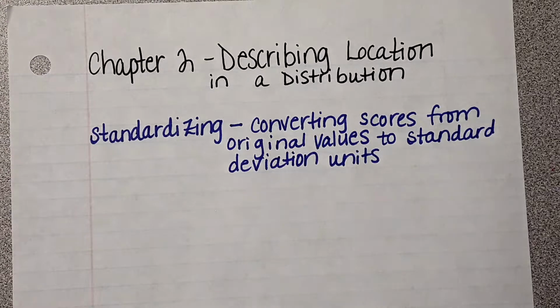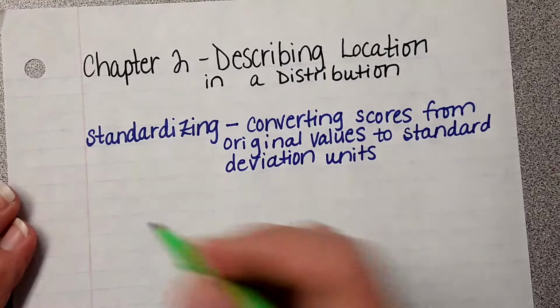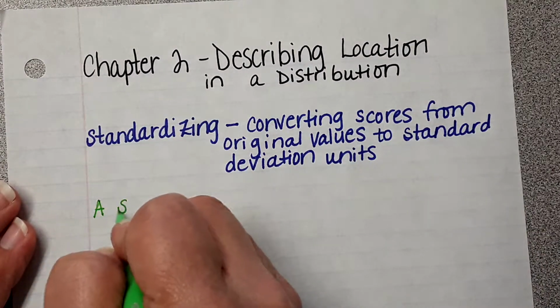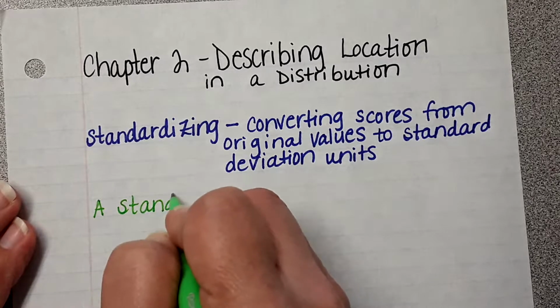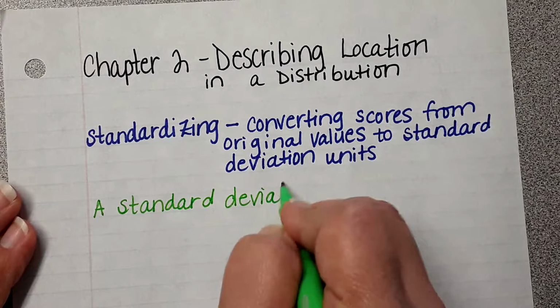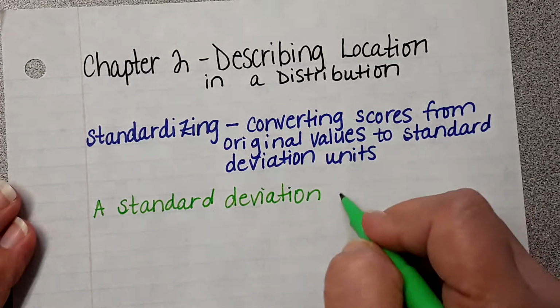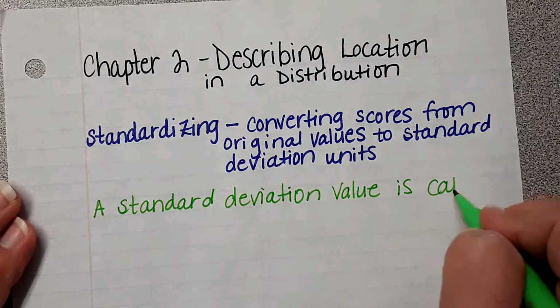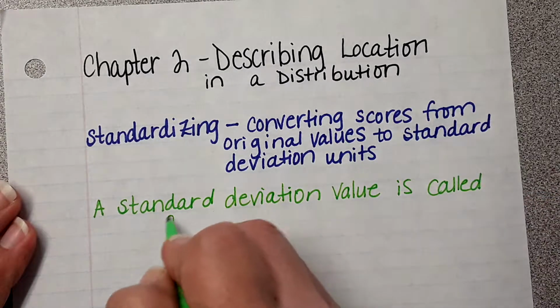If you guys have taken AP psychology, this part isn't going to be new to you. A standard deviation value is called a z-score.